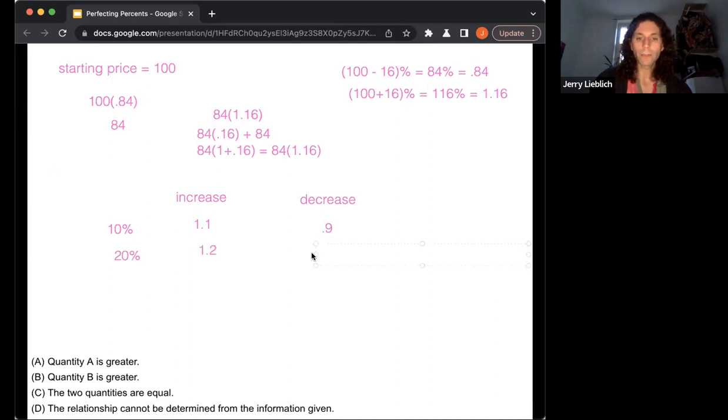To decrease by 20%, I'd multiply by 0.8. To increase by 5%, I'd multiply by 1.05, and to decrease by 5%, by 0.95. To increase by 50%, I'd multiply by 1.5. To decrease, I'd multiply by 0.5. Is that feeling a little bit clearer?